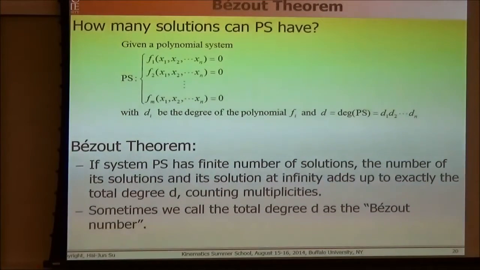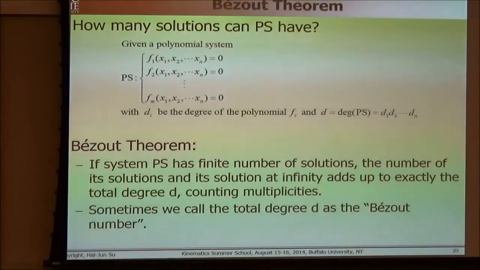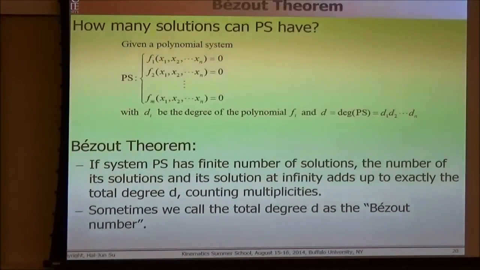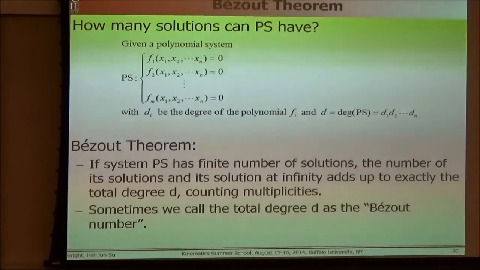It's not necessarily the total degree. And how can we obtain the solutions to our polynomial system? In general, there is the Bezout theorem. It says that the maximum possible number of solutions is the total degree, counting multiplicities.